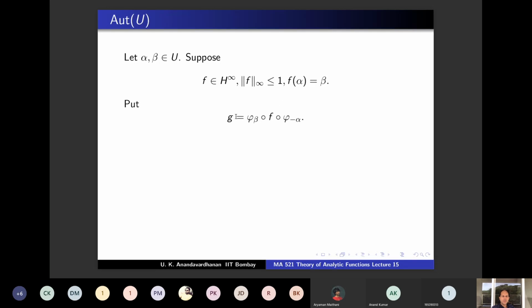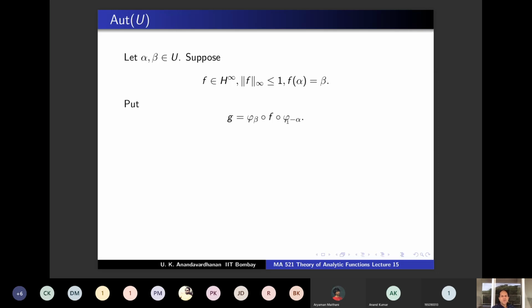This function g of z is equal to lambda z. But what is f? f of z is phi minus beta composed with g composed with phi alpha. So what can you say about f of z? You know that g of z is lambda z.